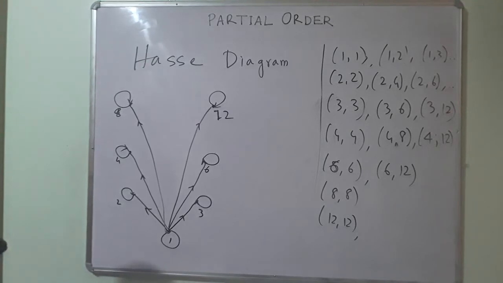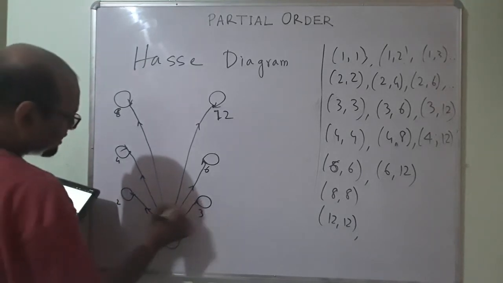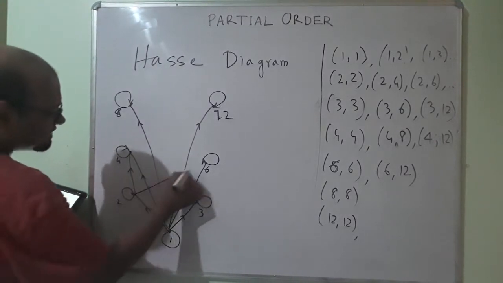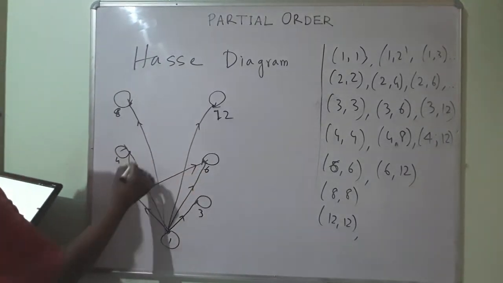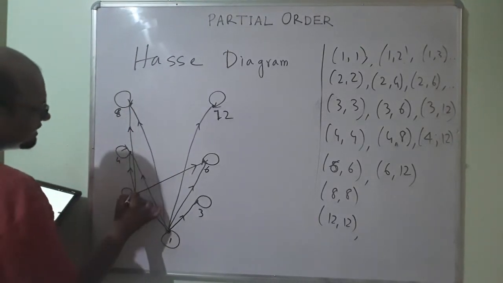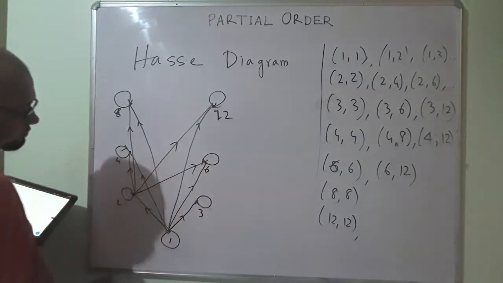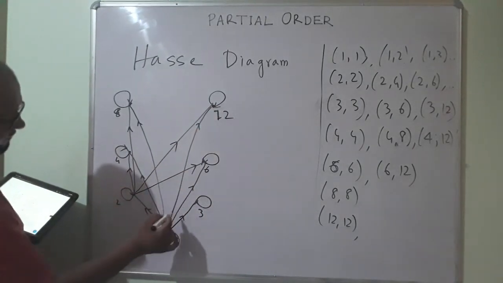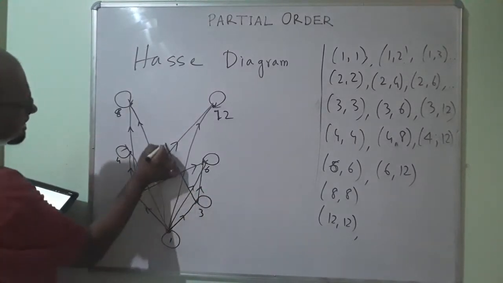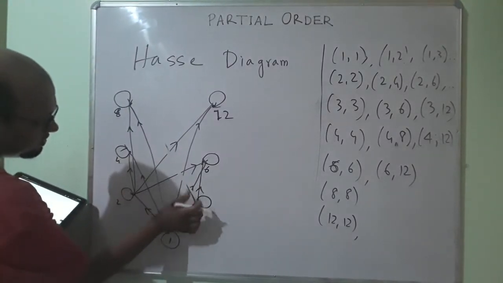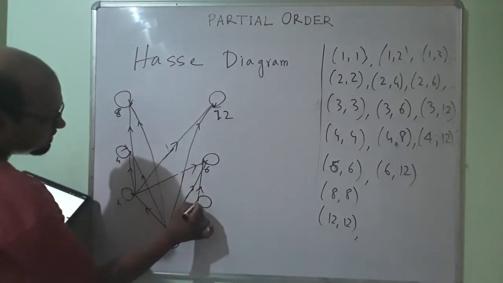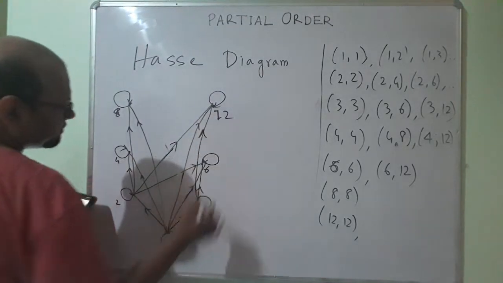Then what else do I have? I have 2 divides 4, 2 divides 6, then 2 divides 8, 2 divides 12. Then I have 3 divides 6, 3 divides 12.